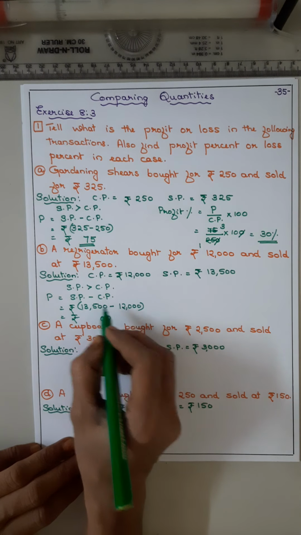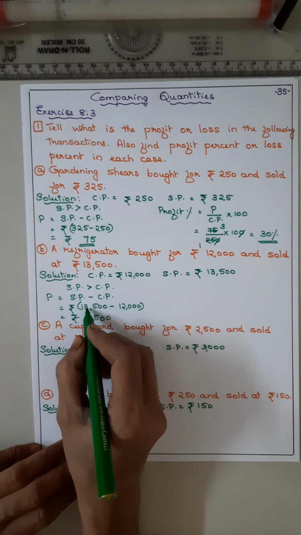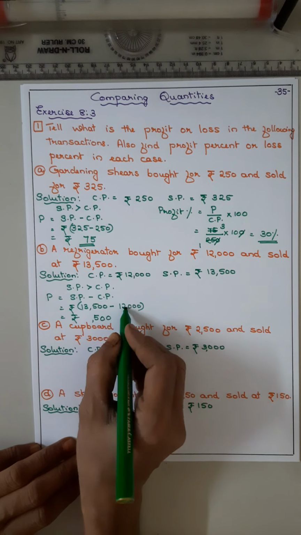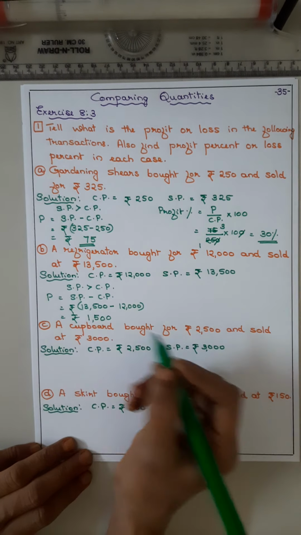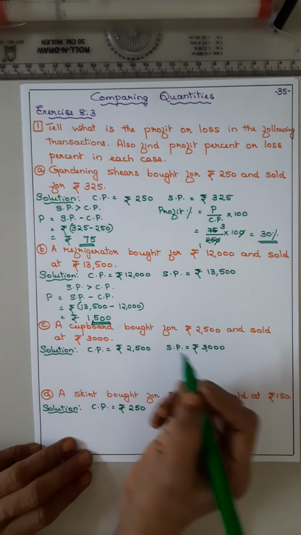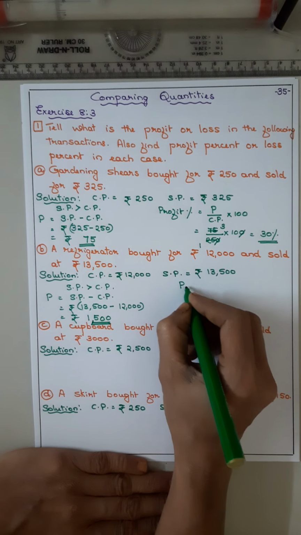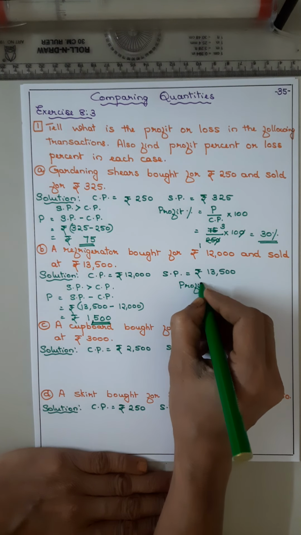Okay, now 5 minus 0, 5, that is hundreds place. Now thousands place, it is 3 minus 2, 1. And 10,000, 1 minus 1, that is 0. So you got 1,500. Now find out profit percent.